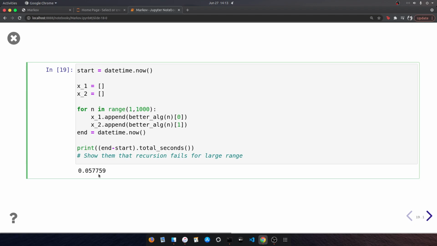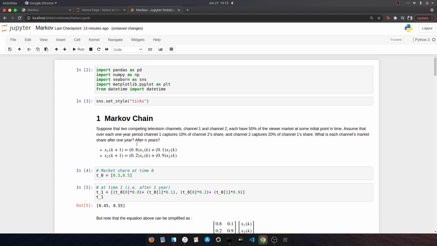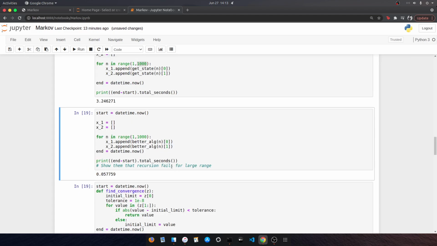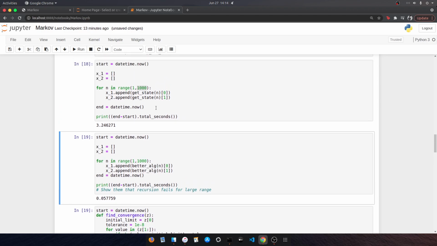So again, this is really amazing and fascinating that knowing one simple fact from linear algebra can make our code better. In fact, if we consider a larger number of states, the recursion method will fail. For example, if instead I wanted to calculate the values from time point 1 to time point 10,000, this code will fail due to a recursion error.